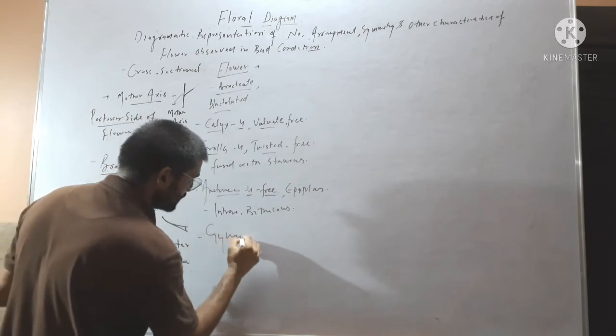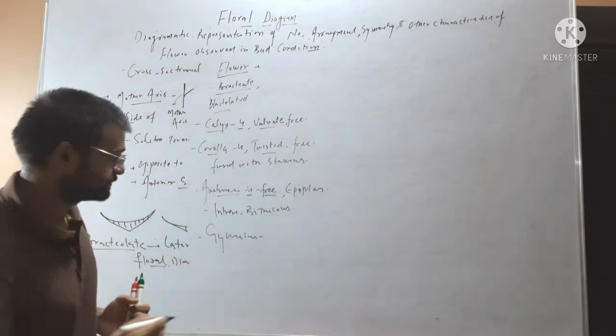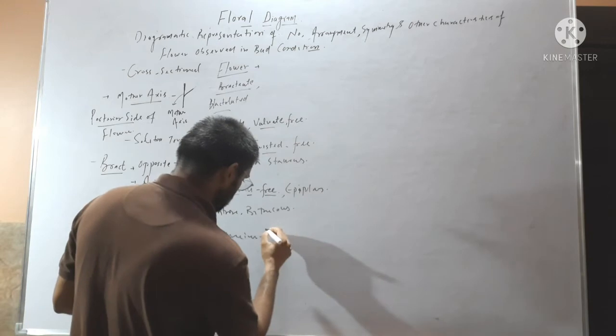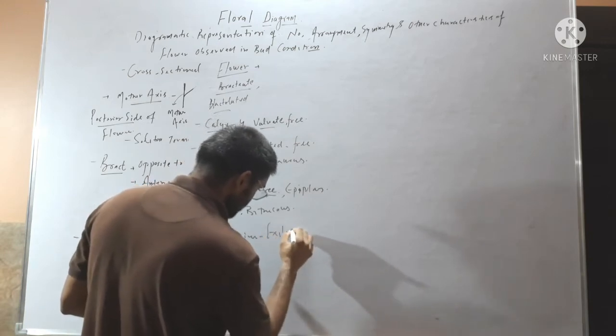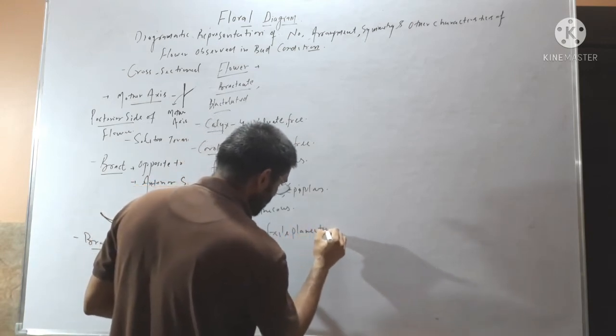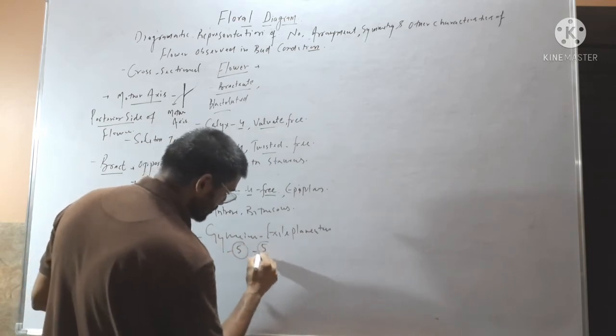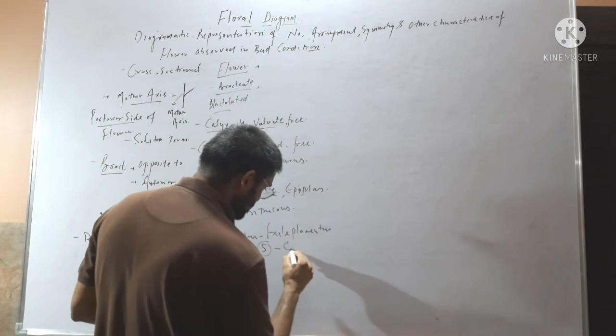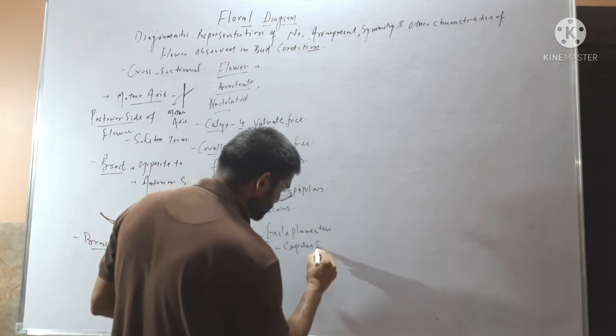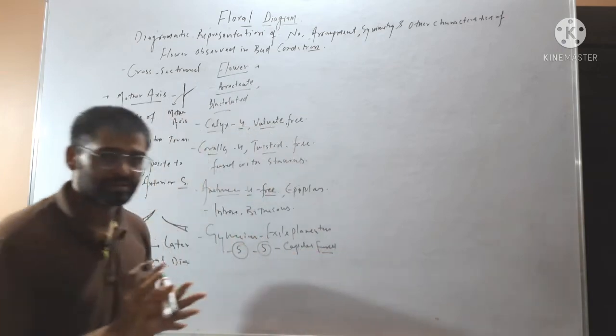In case of gynoecium, suppose axile placentation is there, number of locules is 5, carpel number is 5, and carpels are fused, means syncarpous condition.